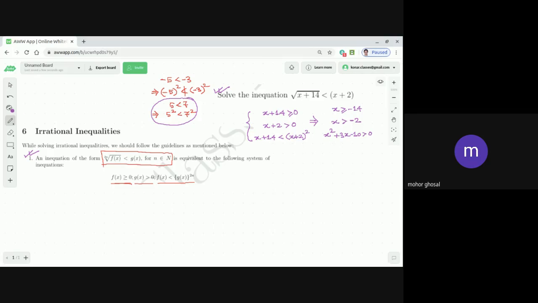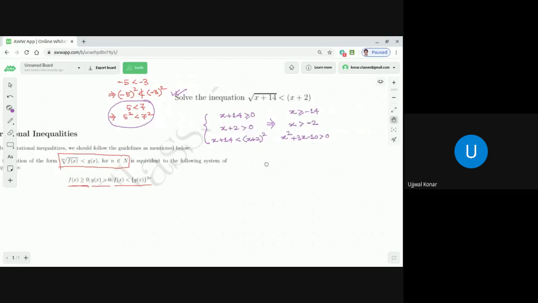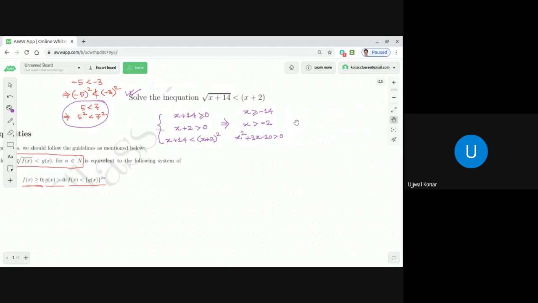Correct, no? So then, if we simplify further from here, what we are going to get, dear students, this implies.